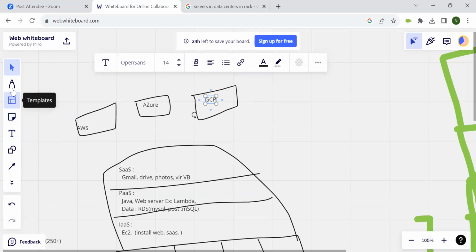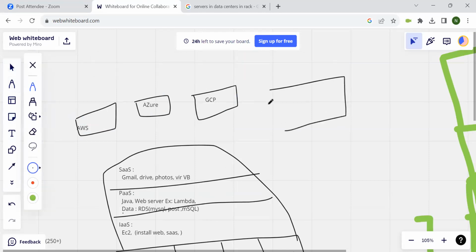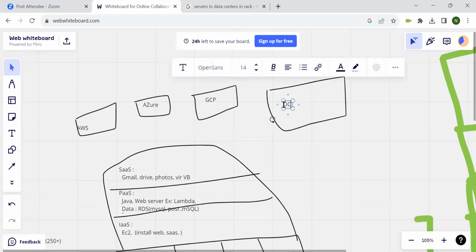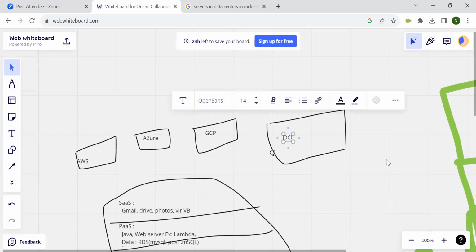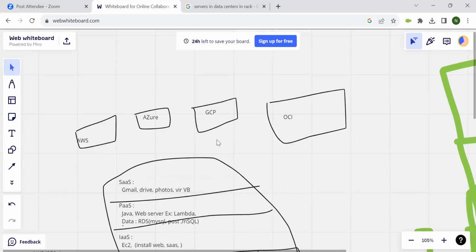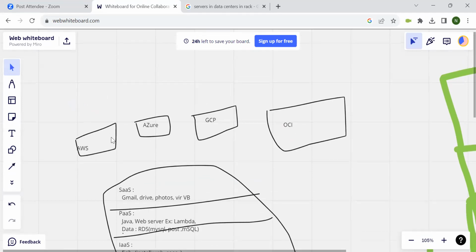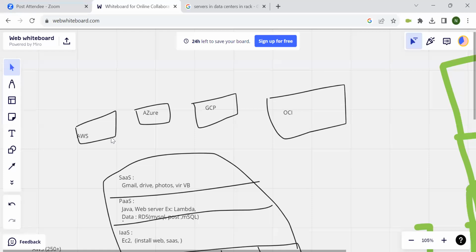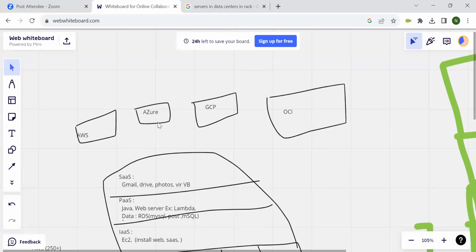And there is another one called OCI also here. This is Oracle Cloud Infrastructure. So these are the cloud vendors. Each vendor has its own positives and negatives.